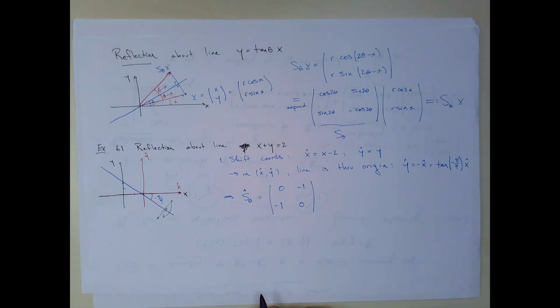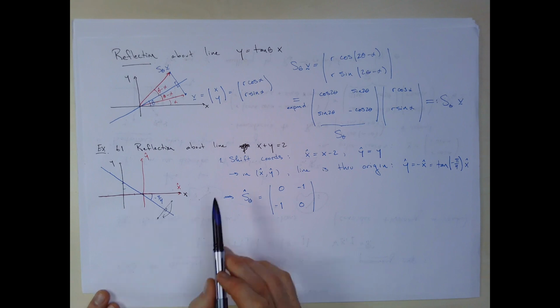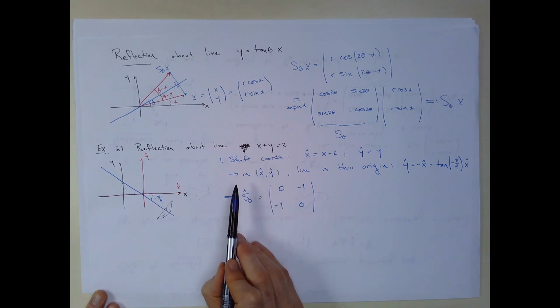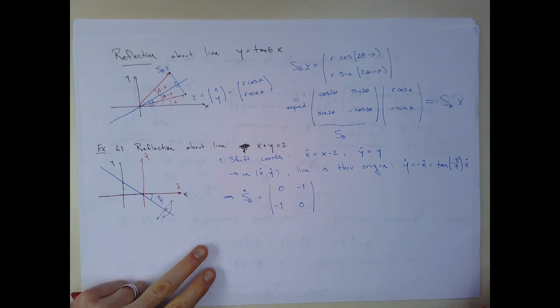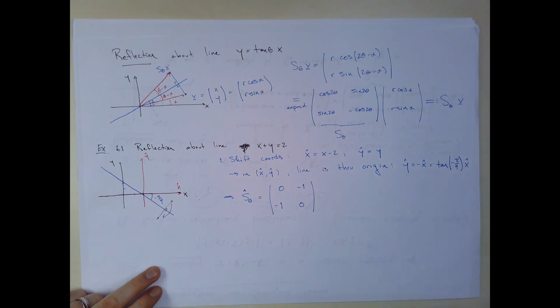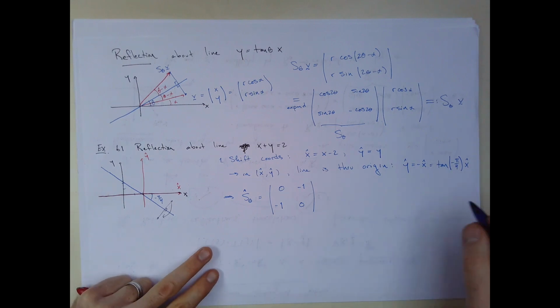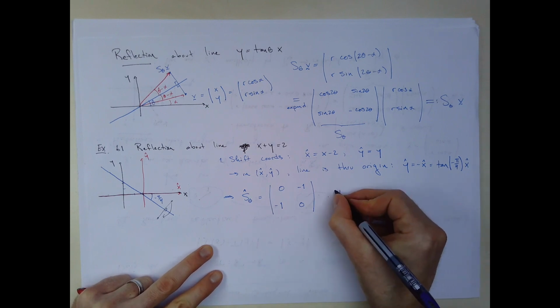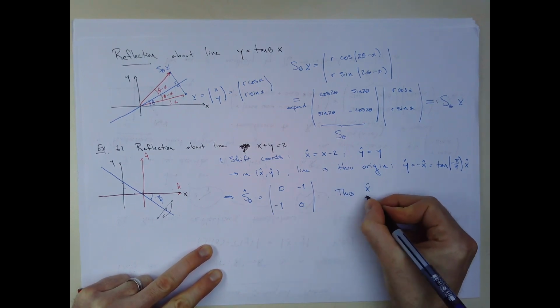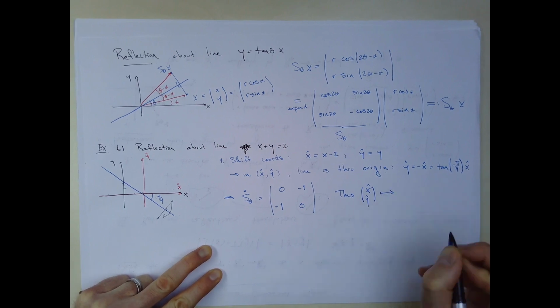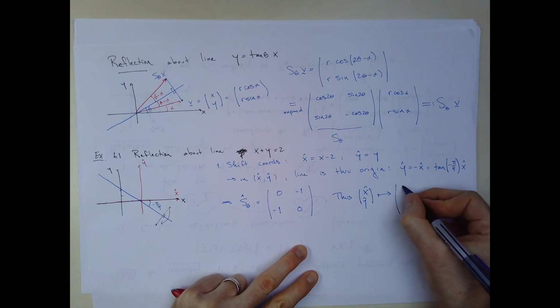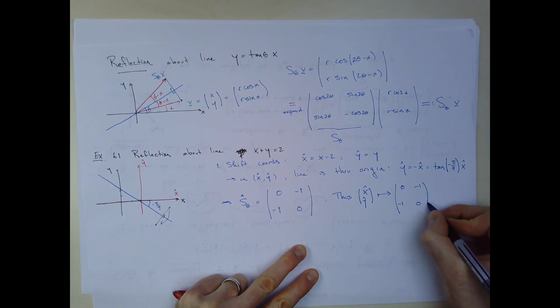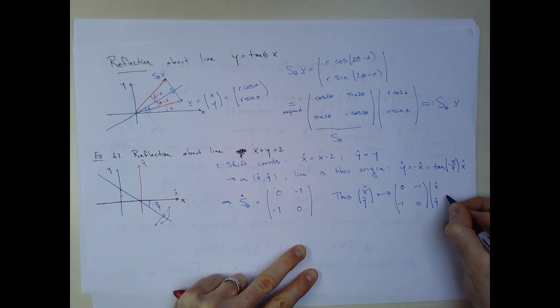But what I really want is to describe that map in my variables x, y, so we need to say, how do I unshift? Well, the first thing we can do is write this in a slightly different way, using this notation that x hat, y hat maps to 0, minus 1, minus 1, 0, times x hat, y hat.